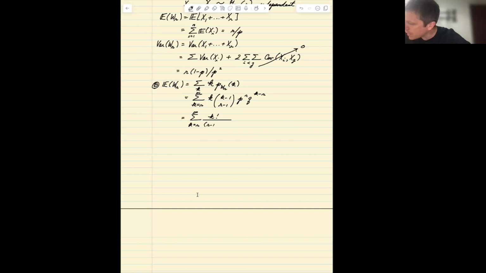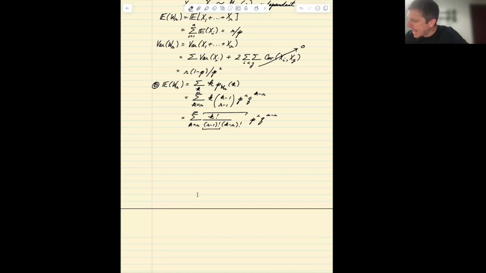We're left with R minus 1 factorial and then K minus R factorial, and still P to the R, Q to the K minus R. Now we have something kind of like K choose R, but not quite, because there's a missing piece in the denominator.